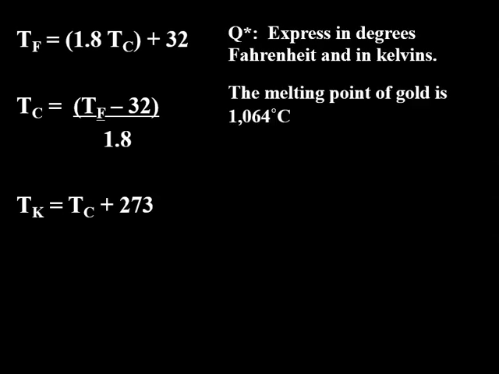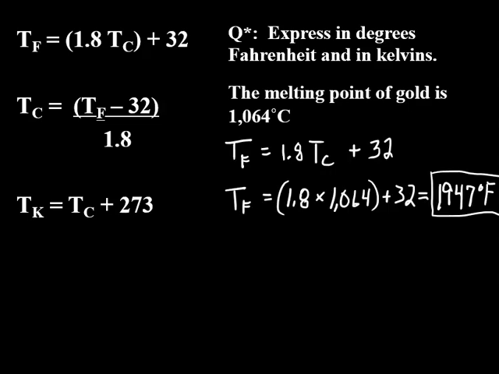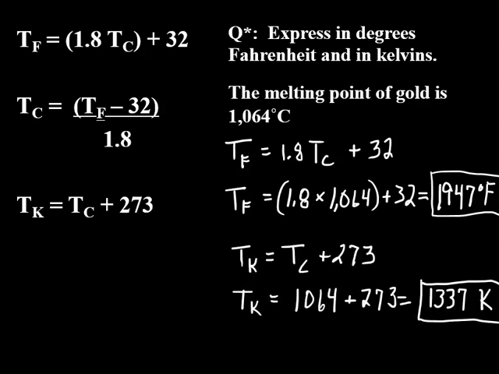Let's practice some temperature conversions. The melting point of gold is 1064 degrees Celsius, and let's convert this to Fahrenheit and kelvins. When we convert it to temperature in Fahrenheit, we take 1.8 times temperature in Celsius plus 32, and that means we take 1.8 times 1064 in parentheses, add 32 to it, and our answer is 1947 Fahrenheit.